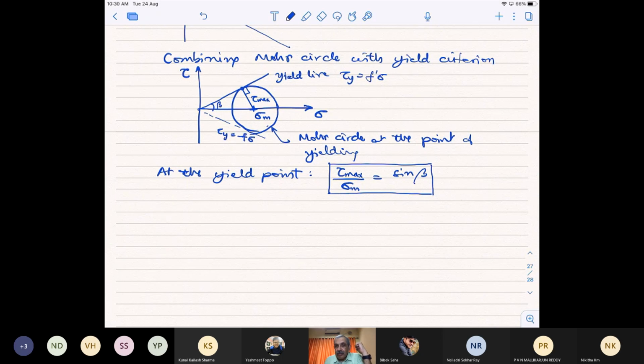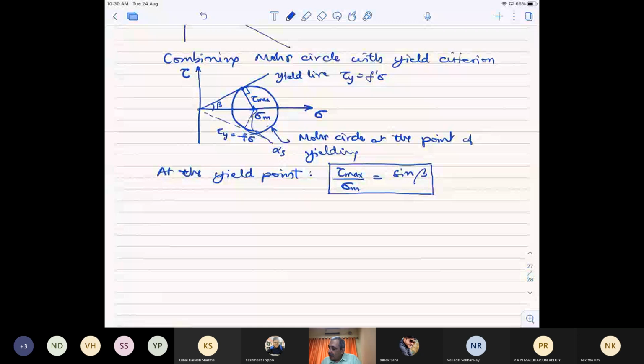So this is the interesting thing, and we can easily find out now the angle at which it fails, because this angle over here, let's call that alpha s. So the failure will happen at plus and minus alpha s, which is the angle of the slip plane.